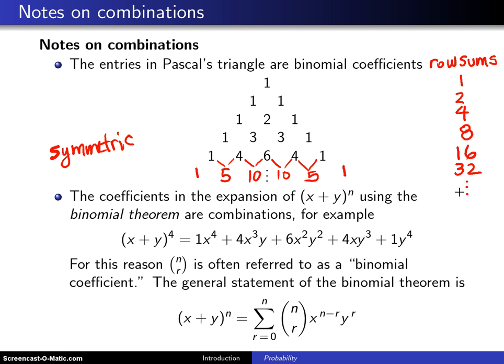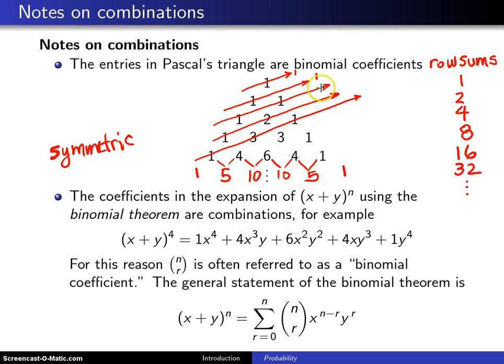One more thing that's a little more obscure about Pascal's triangle, if you run these arrows off at just the right angle, and take sums, well, the sum here is 1, sum here is 1.